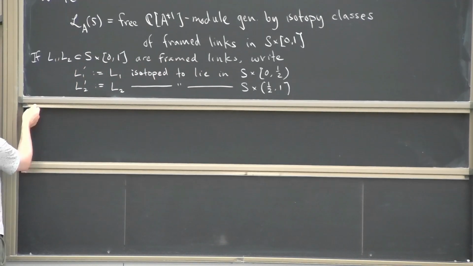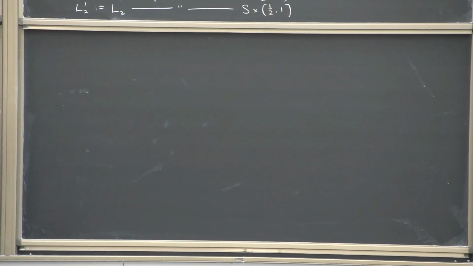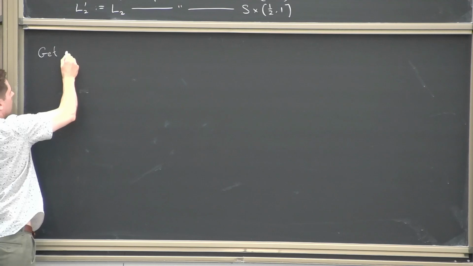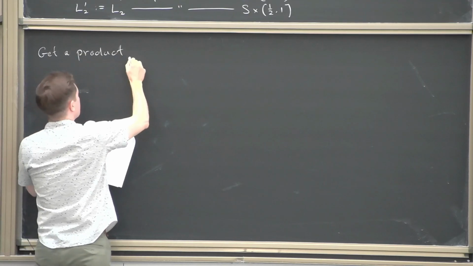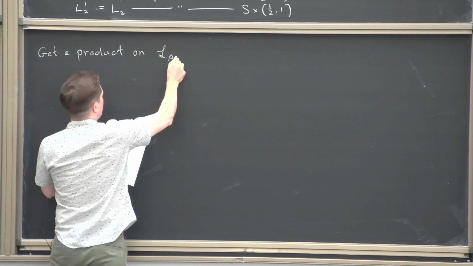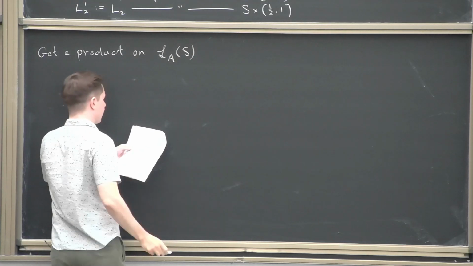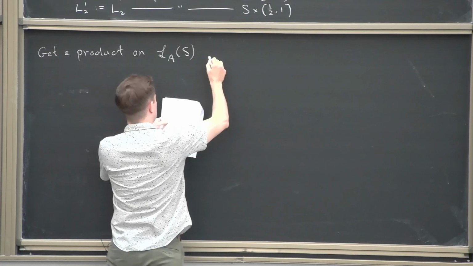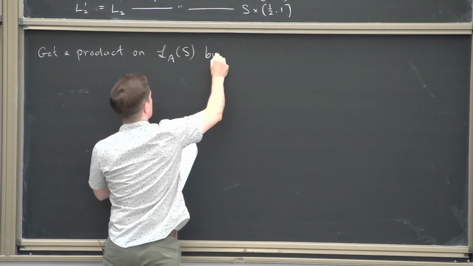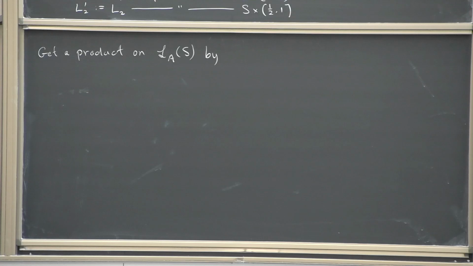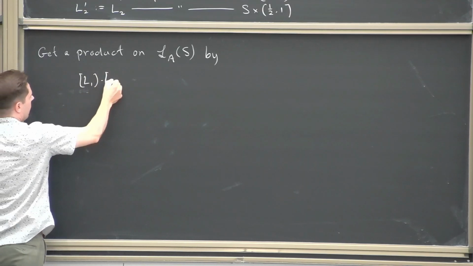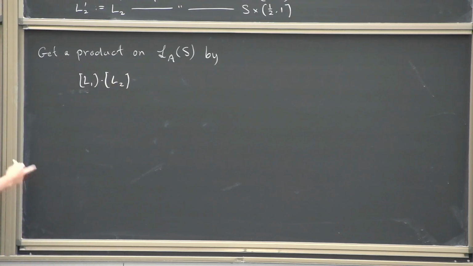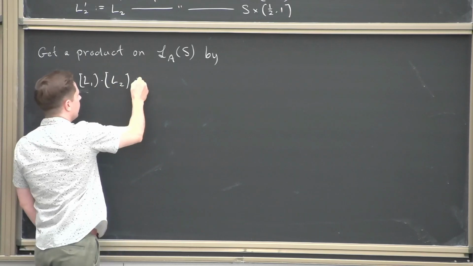So in that way, we get two disjoint links from L1 and L2, and we can get a product on this module, LA of S, as follows. LA of S is generated by isotopy classes, so let's consider the isotopy classes of L1 and L2, and let's define their product like this.